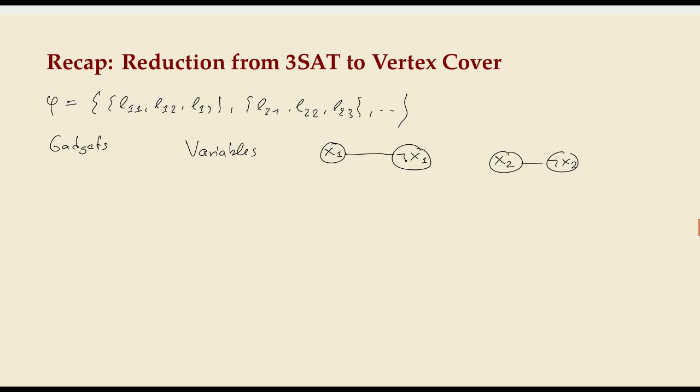And every minimal vertex cover, so any vertex cover, will have to pick one of these two nodes to cover the edge, and minimal ones will usually just pick one of these two. And then we also have gadgets for clauses, and this is just a triangle of 3 literals.